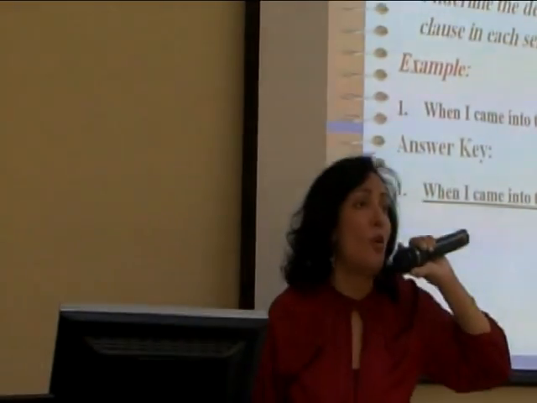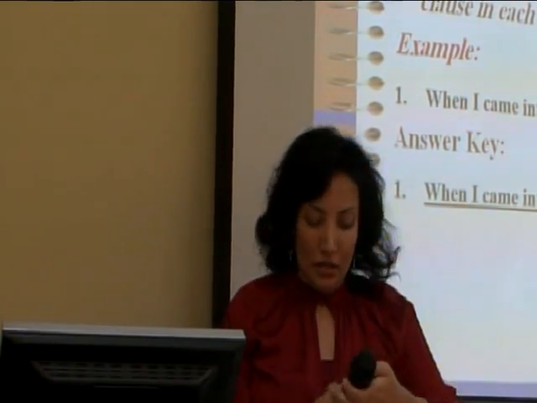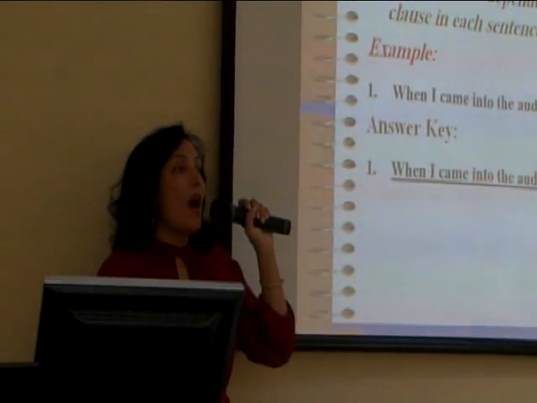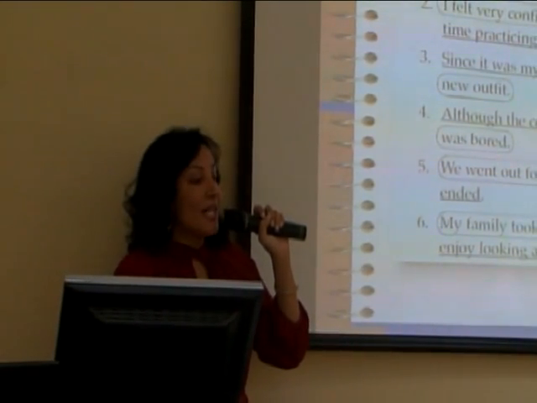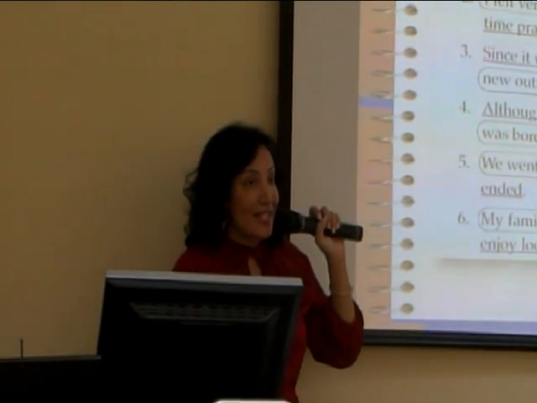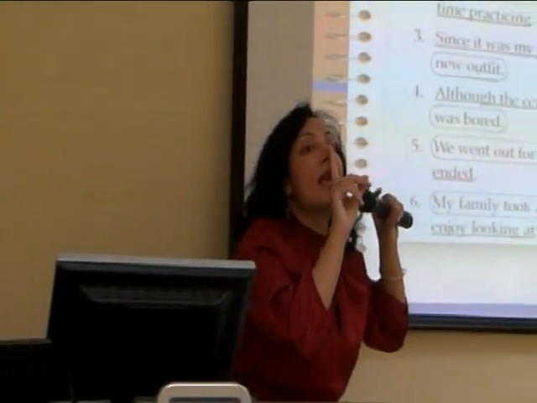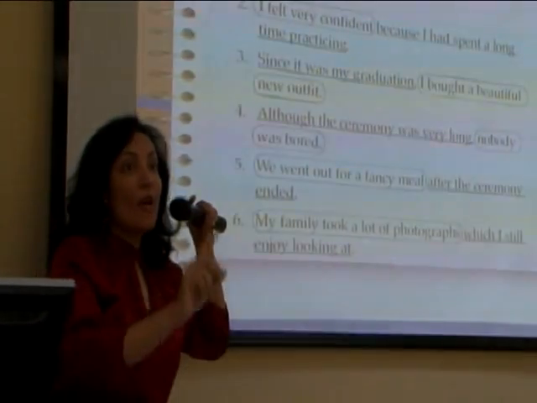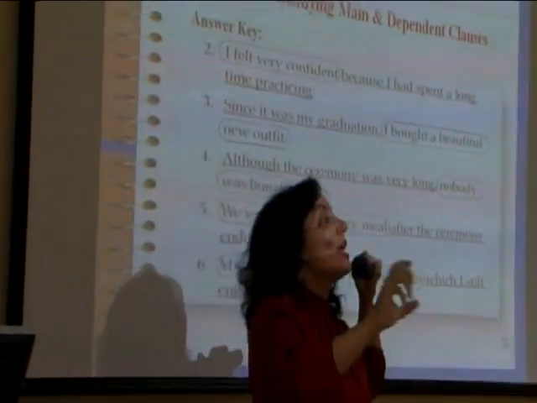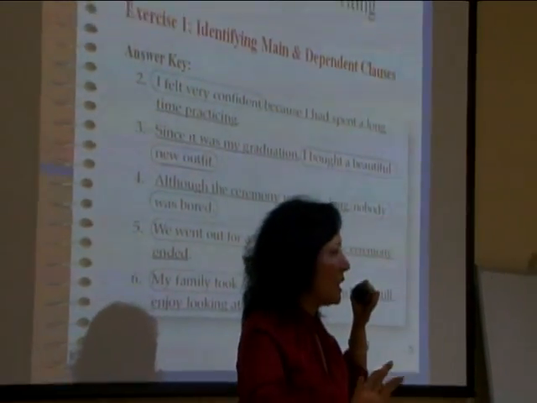Underline the dependent or the subordinate and circle the main. Is your answers in a way similar to that? Yes? Remember that we are circling the main clause. We are circling the main clause. What does main clause mean? The one that communicates a complete meaning.